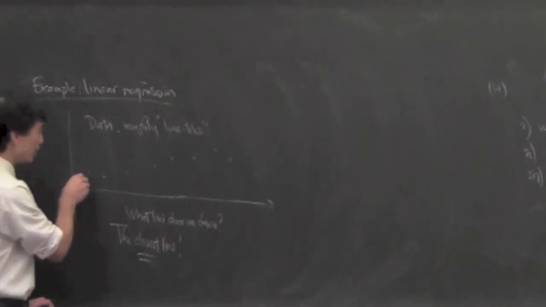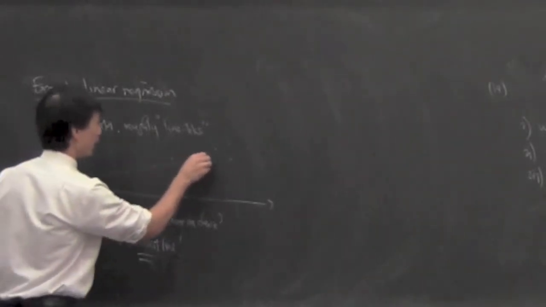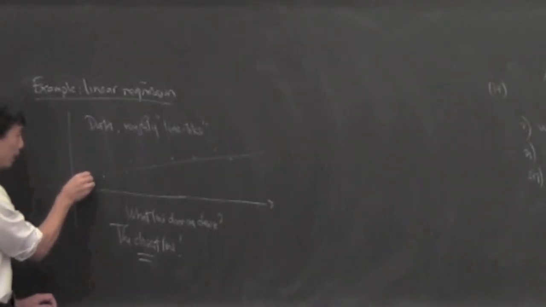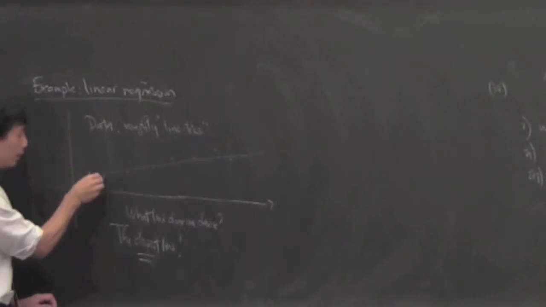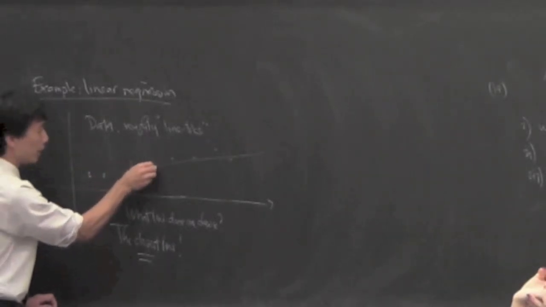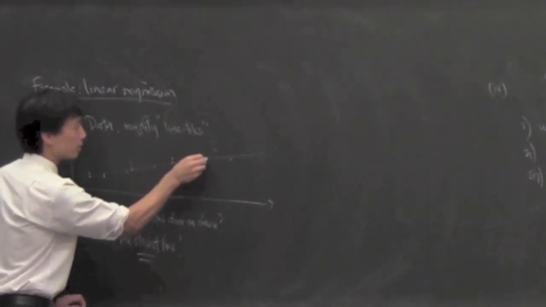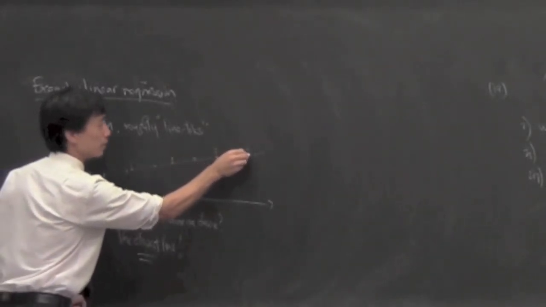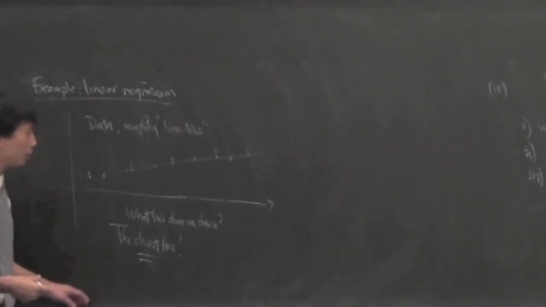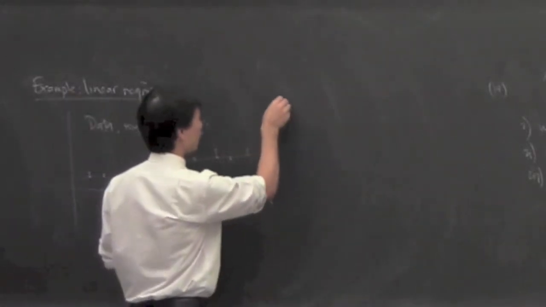So I think what you're saying is that you look at the distances between each point and the line, and you want the line that makes the sum of these distances the smallest.